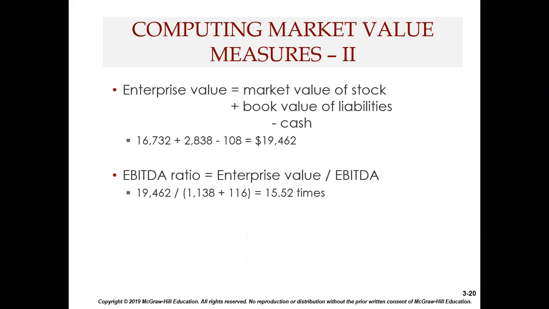So how well do we use the market value of the assets to produce earnings before interest and taxes? We're able to produce, using that, 15.52 times. Okay, so it's just another measure of how well we're using the assets.